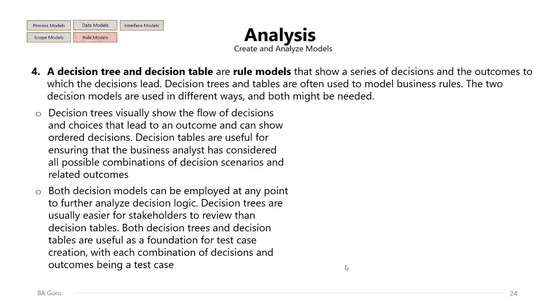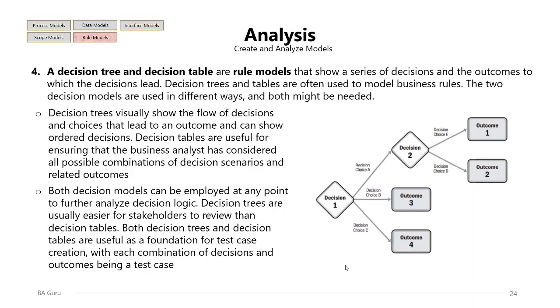Decision trees are usually easier for stakeholders to review because they have a visual representation, a graphic, more than a decision table, which has a tabular format. Both are useful as a foundation for test case creation, with each combination of decisions and outcomes being a test case.